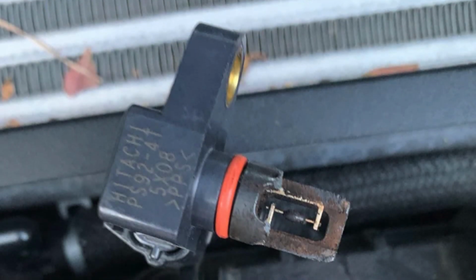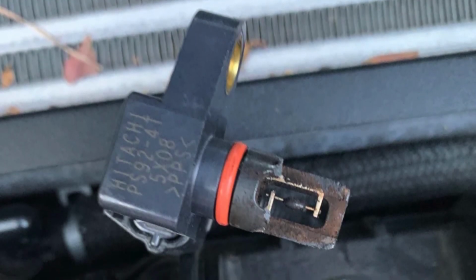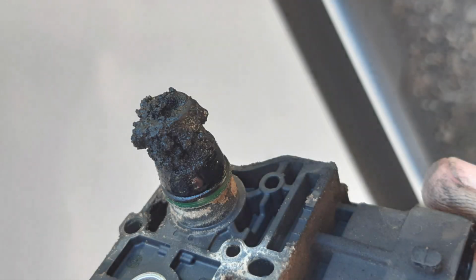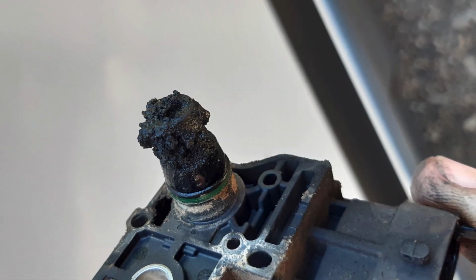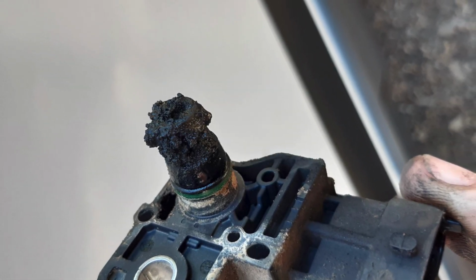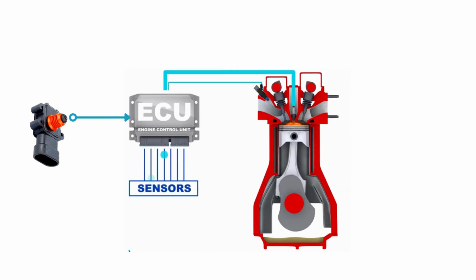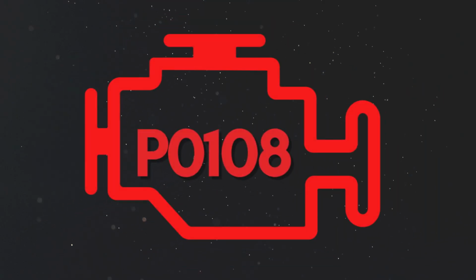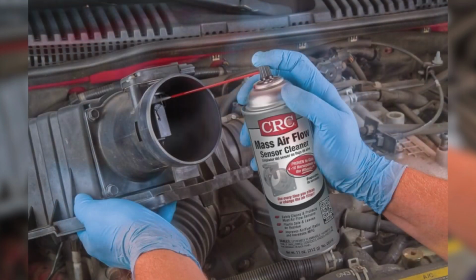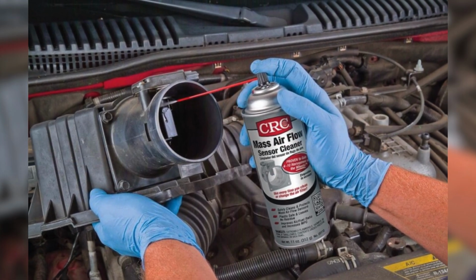As a result, the readings sent to the ECM become inaccurate. Even a thin layer of contamination can cause the sensor to send weak, delayed, or incorrect signals. And when the ECM sees MAP readings that don't match actual engine operating conditions, it may trigger the P0108 trouble code. The good news is that this is often one of the easiest problems to fix.